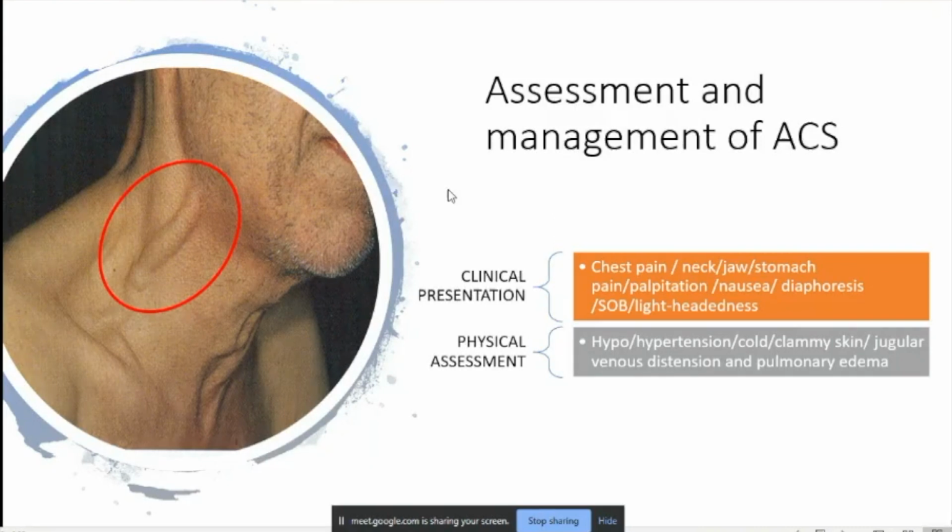Patients come up with chest pain, and the chest pain can be relieved by rest and is precipitated by exertion, so it's kind of stable. The most common cause for angina is coronary artery disease.